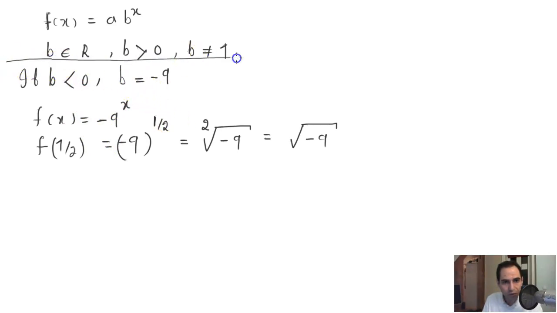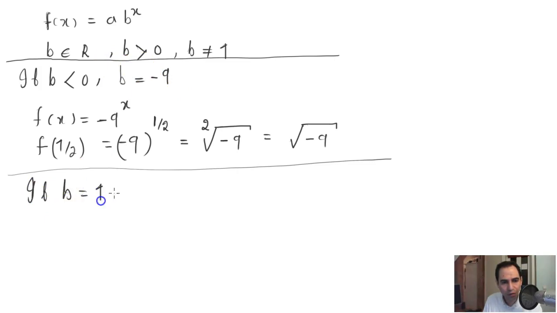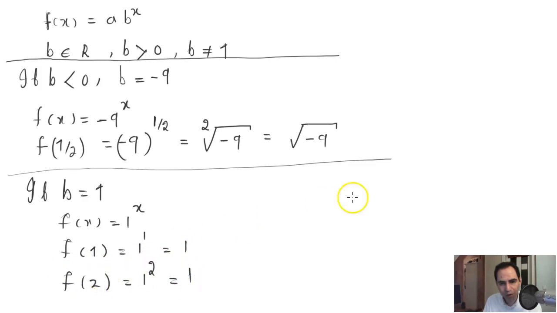And moreover, if b is equal to 1, let's say you have a function like f of x is equal to 1 raised to the power x. Whatever value you choose for x, for example f of 1 becomes 1 raised to the power 1, which is equal to 1. f of 2 becomes 1 raised to the power 2, which is equal to 1.